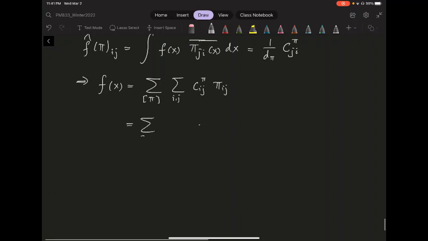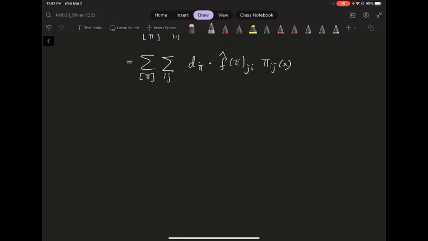So I write the sum over the same pi and ij, and the Cij now becomes d pi times the jith entry of f hat of pi, and then I have the pi ij. Okay, x is in here.